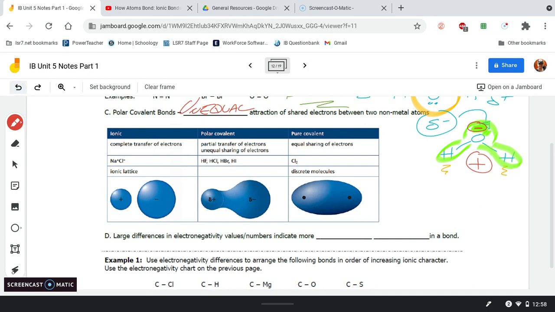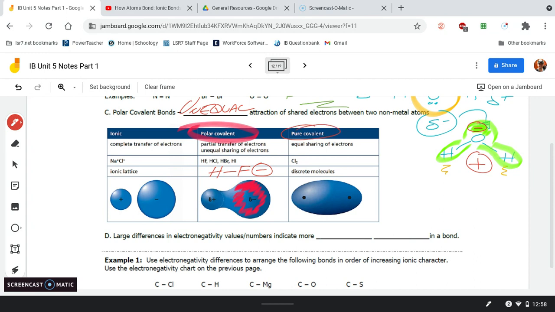Now, in the middle, this polar covalent, it's nonmetal, so they're not giving away electrons, but what happens is the electrons slide to the most electronegative end. So if you look at these examples here, like HF, HCl, HBr, if you have HF, the electrons are going to be over here next to fluorine, because it's the most electronegative element on the entire periodic table. So it's going to pull the electrons towards it.